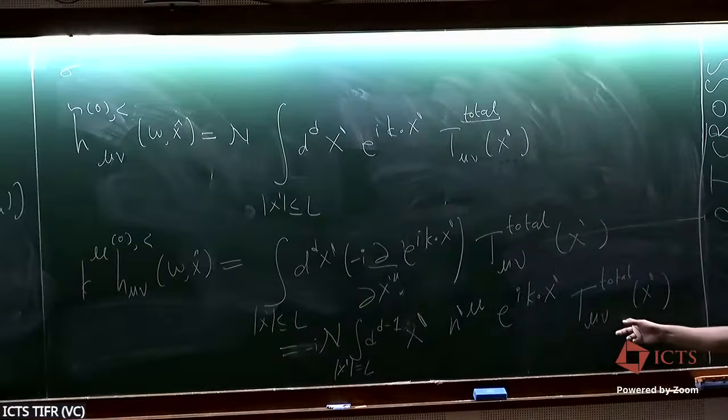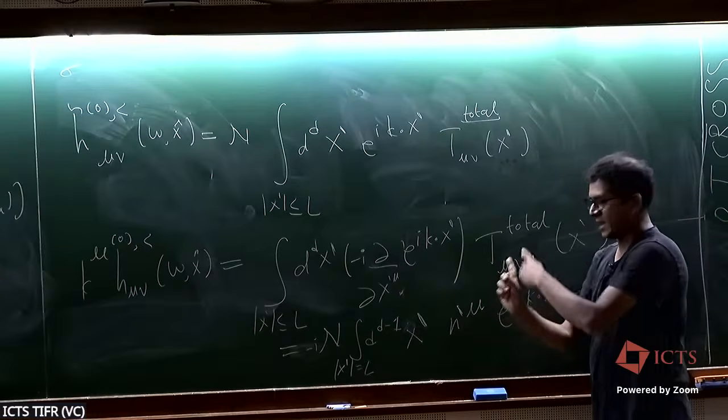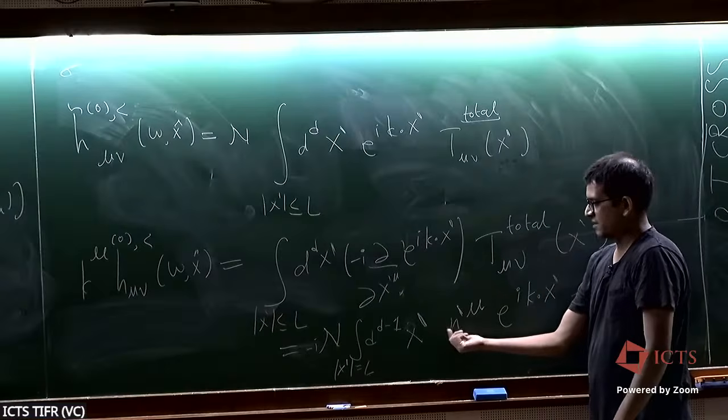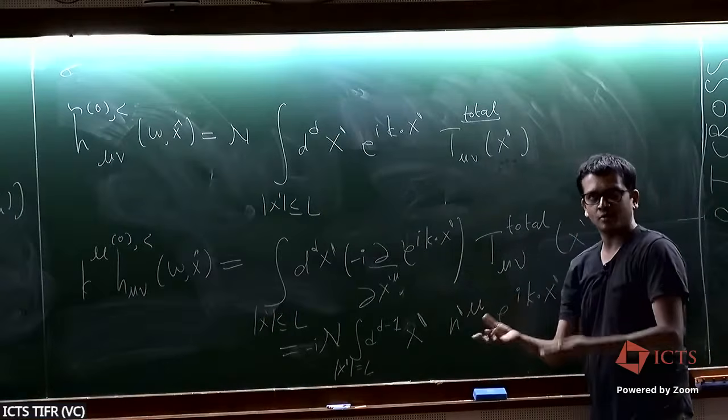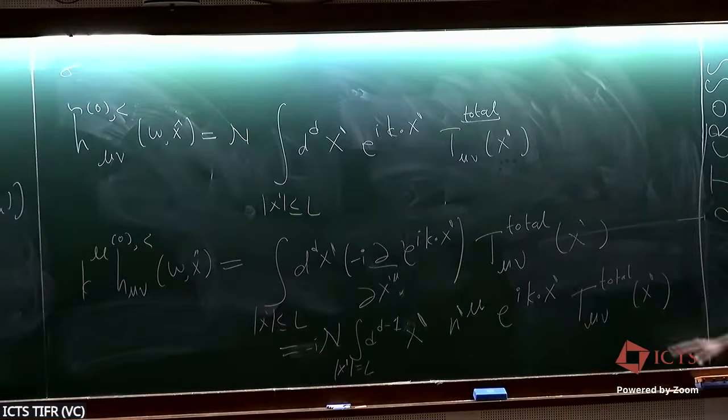Is this clear? So it's just our Stokes theorem, which we write as a boundary term, where n'^μ is of course the radial vector at this location of the sphere. So we just use the Stokes theorem and rewrite it in this form.